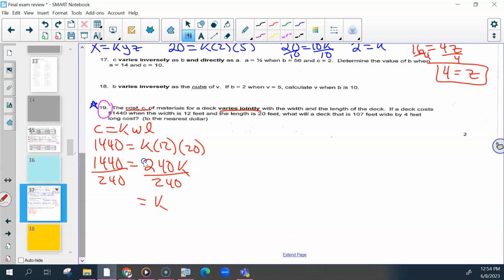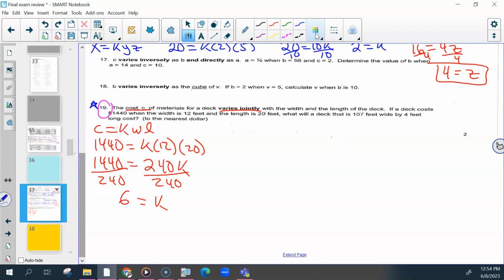When you divide, what would you get for K? So then we're going to use that value in our original equation with the new numbers given.